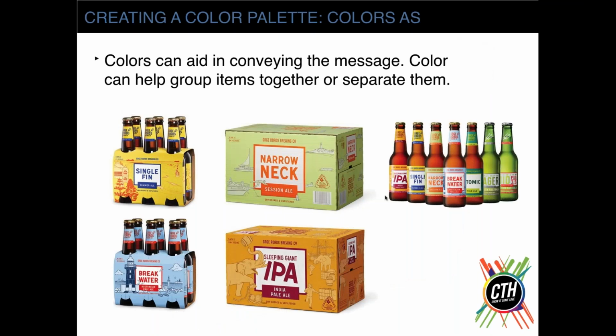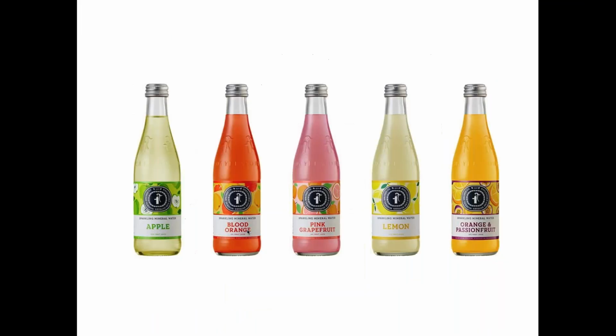And we use colors to organize things, to keep varieties. They have different flavors, different varieties of things. If you look at this line of soda bottles, they do this wonderful thing of repeating the same elements but changing the color so it creates all the variety. So the type is very similar in each, and the logo is the same, but then the color variety really makes it stand out.